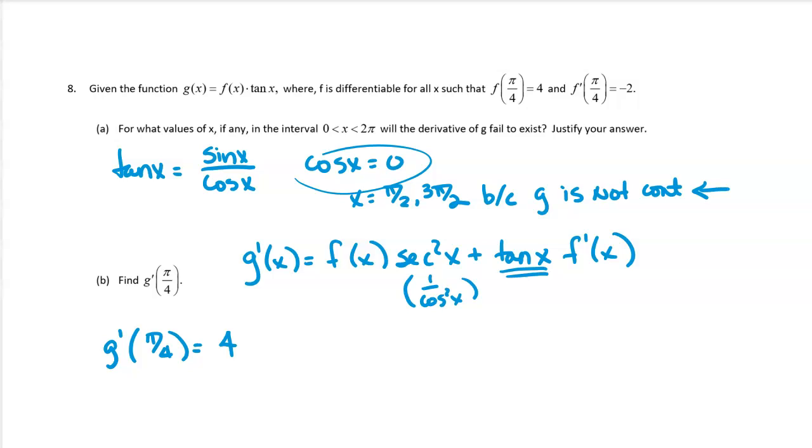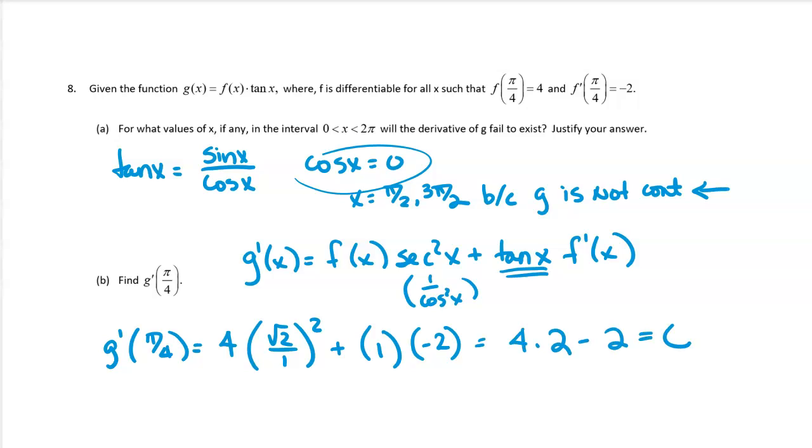Cosine is 1 over square root of 2, so secant is the reciprocal, which is square root of 2 over 1, squared, plus tangent of pi fourths, which is 1, and then f prime of pi fourths is negative 2. So it looks like I have 4 times 2 minus 2, which is 6.